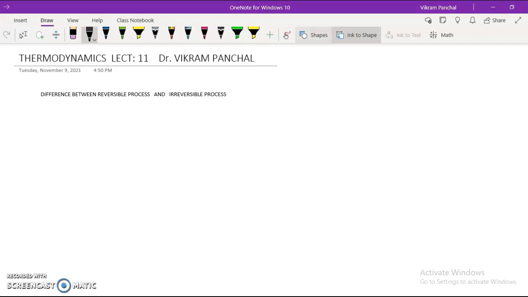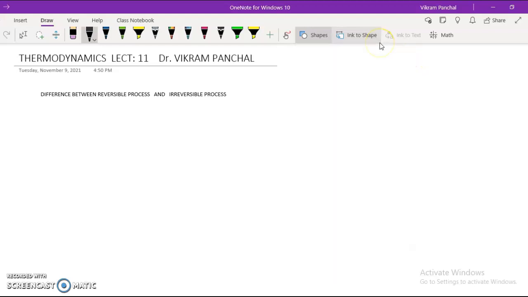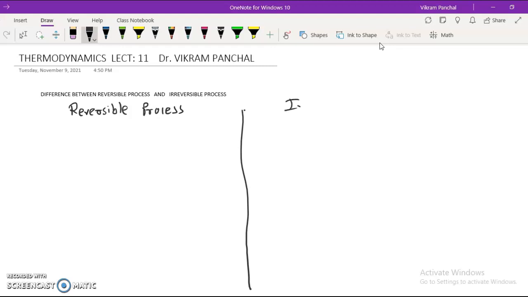Okay, so let us draw a line. One side will take reversible process, another side irreversible process.